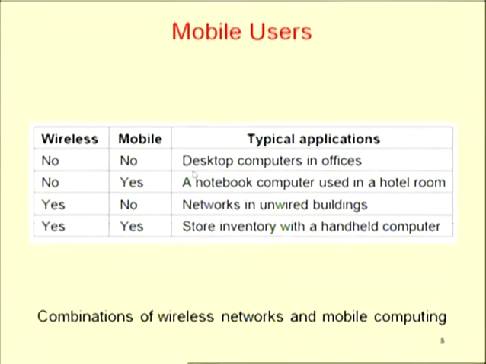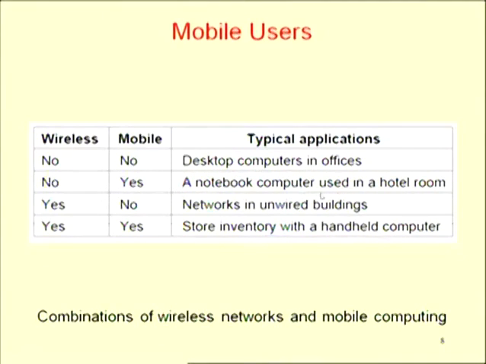So here, desktop computers in an office is not an example of wireless network access, neither of mobile network access. Because all the desktops in your house or your office would be connected with wires, it is not an example of a wireless network, nor of mobile computing, because no moving part is involved.